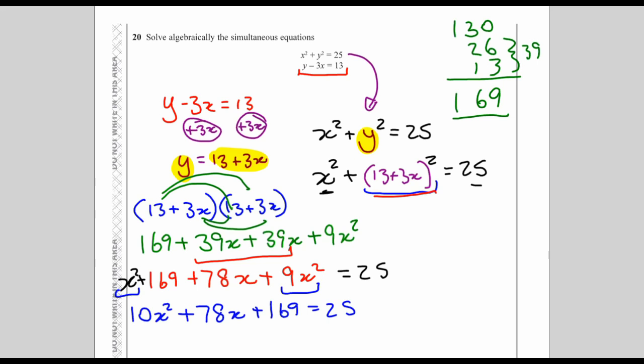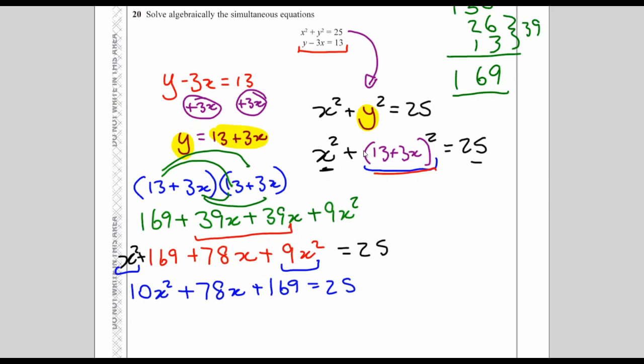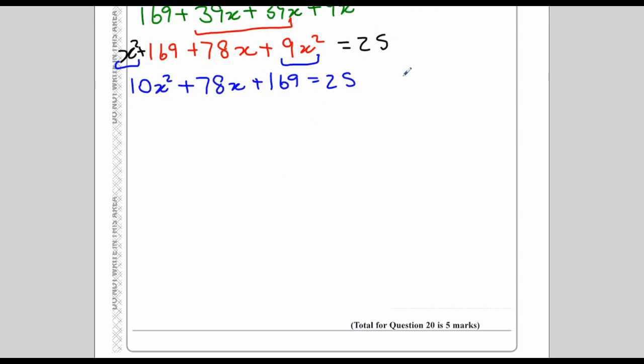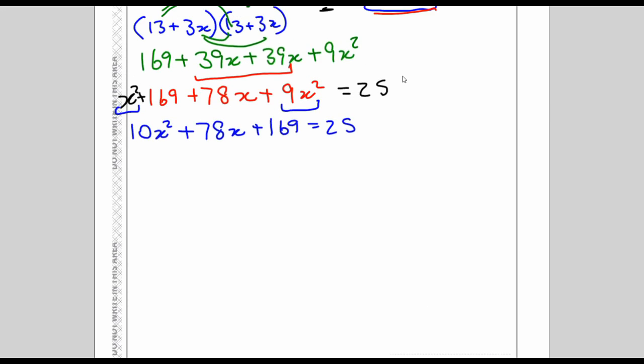And added all together gives you 25. This is quite tricky too, for 5 marks. Now, if we take the 25 to this side, so minus 25 from both sides, 10x squared plus 78x plus 169 minus 25 is 144 equals 0. We've got a quadratic equation to try and solve for x.